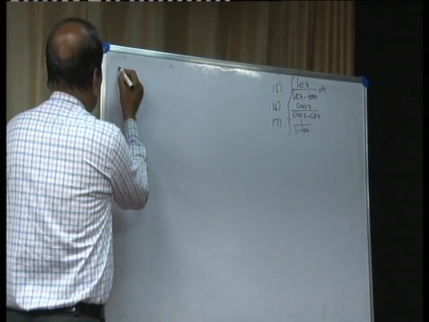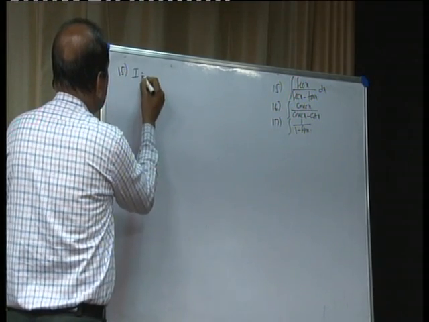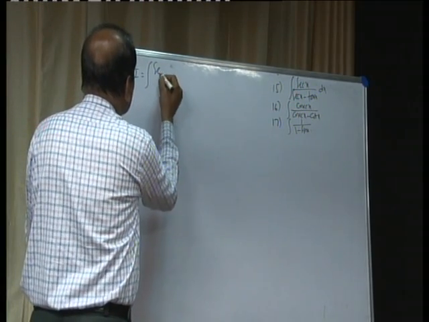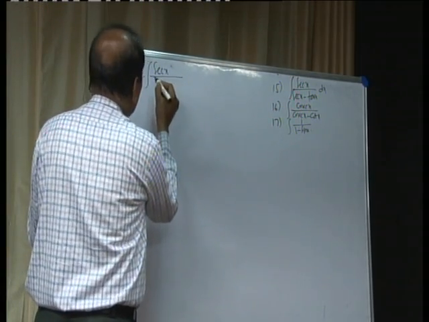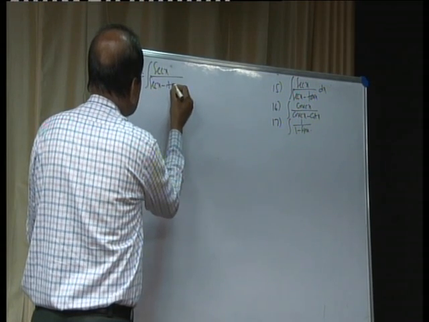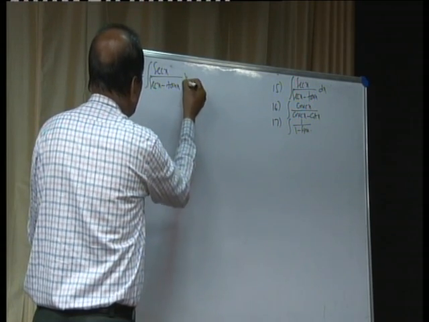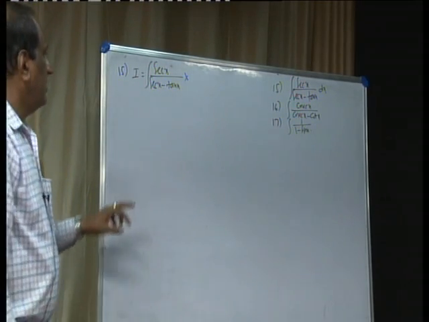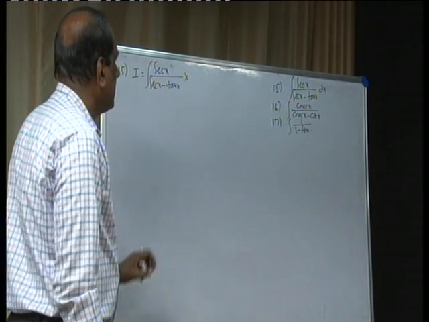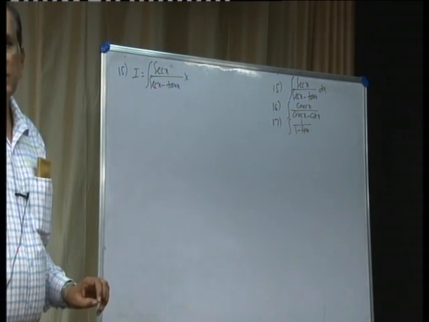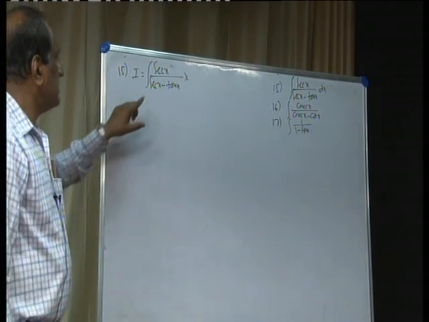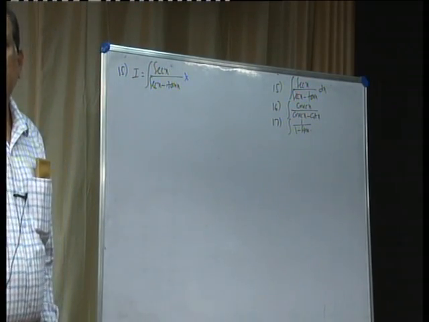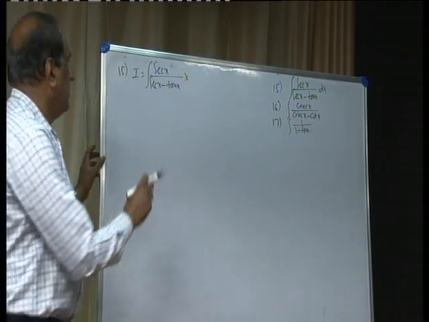See here, 15th problem, I is equal to the integration of secant x divided by (secant x minus tan x). How to rationalize by simplifying the denominator? The denominator is secant x minus tan x. What is the procedure of rationalization? Rationalizing the denominator means multiplying numerator and denominator by the conjugate of the denominator.